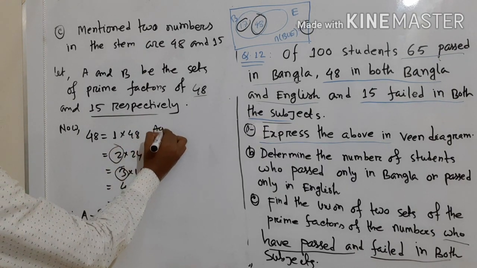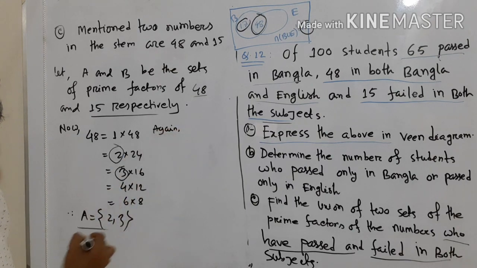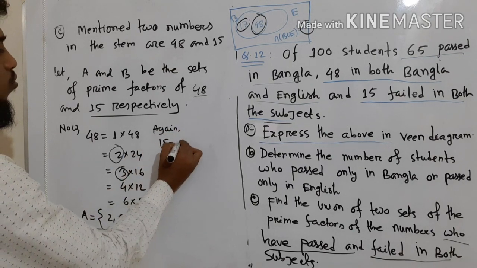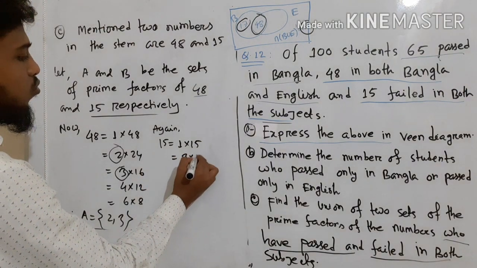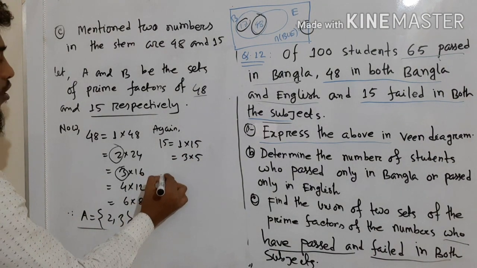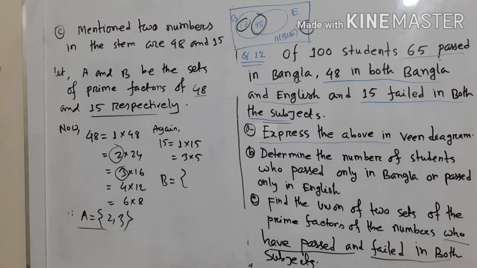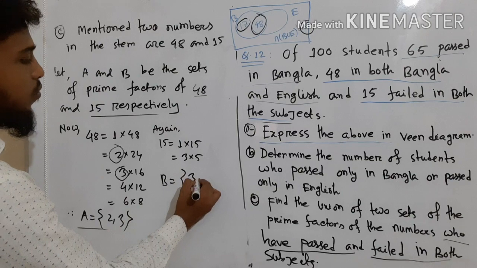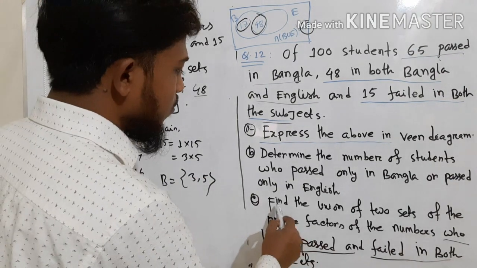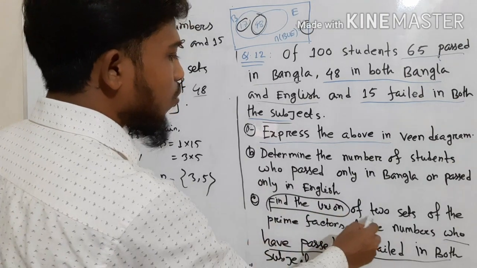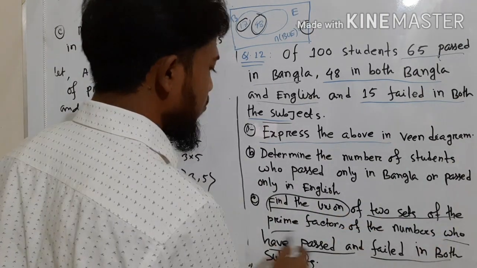Again, 15 equal to 1 into 15 and 3 into 5. So the set B equal to 3, 5, since 3 and 5 are the prime factors of 15. Here our question: find the union of the two sets of the prime factors.